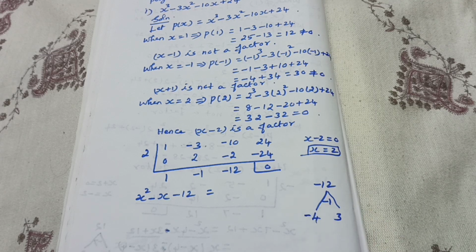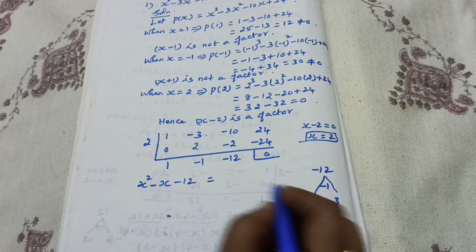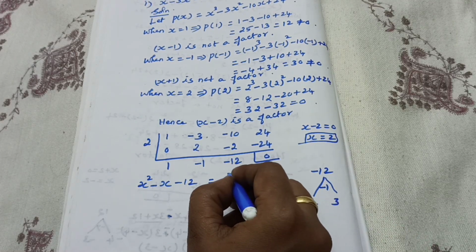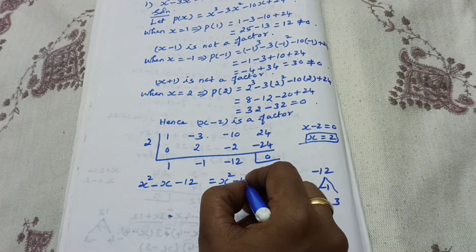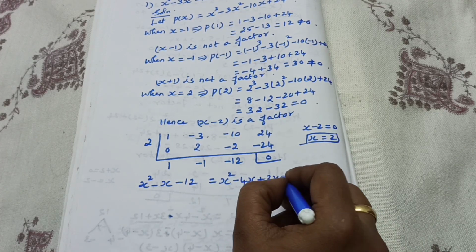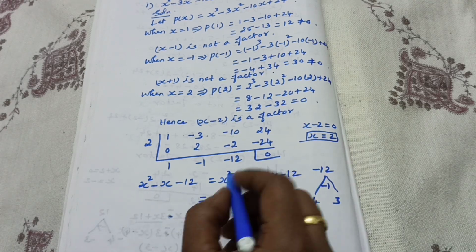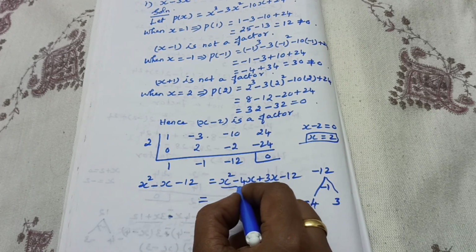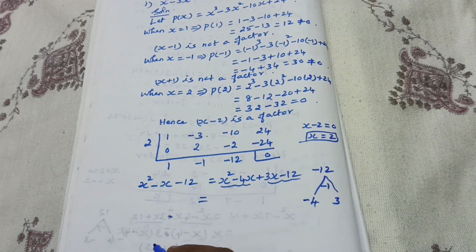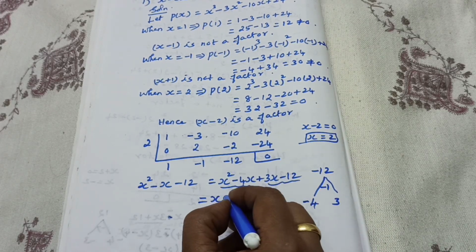Then split the x term and write these 2. Then x square minus 4x and plus 3x minus 12. Factorization method. Then first 2 terms, which is common? x is common, isn't it?